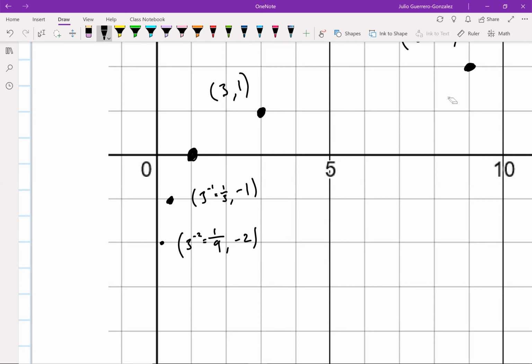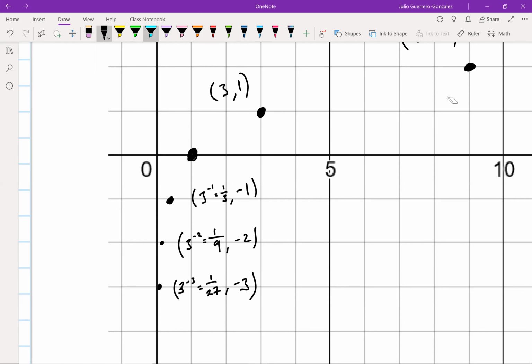And then the one that follows after that, now I'm getting really close to the y-axis because that's what's happening. 3 to the negative 3, 1/27. Now we have each one of the 7 points from the very beginning.